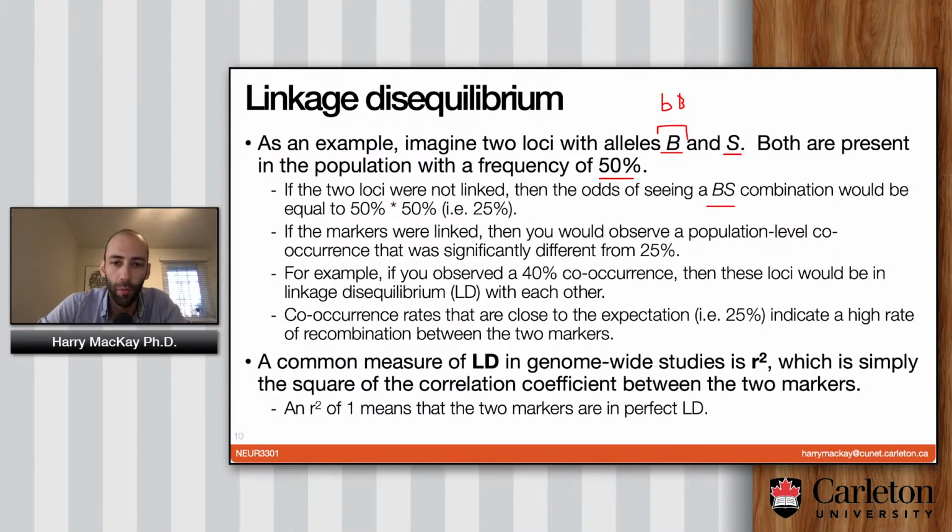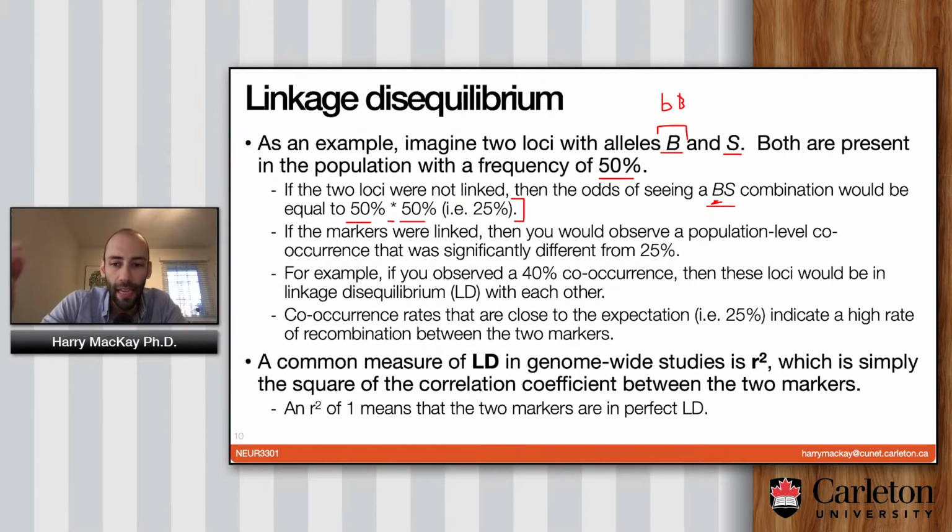So your odds of having big B is 50%, and your odds of having big S are also 50%. So your odds of having both of them at the same time is just 50% times 50%, i.e. 25%. Now, that's the null hypothesis, or the baseline assumption, if they're not linked.